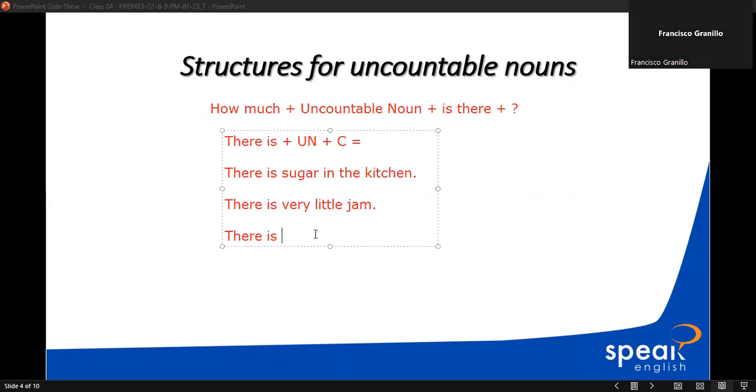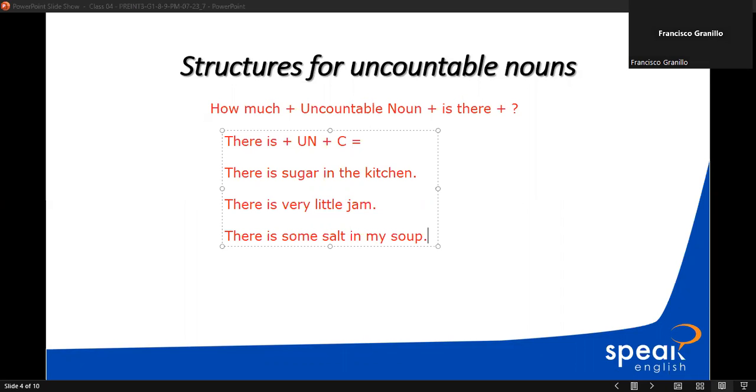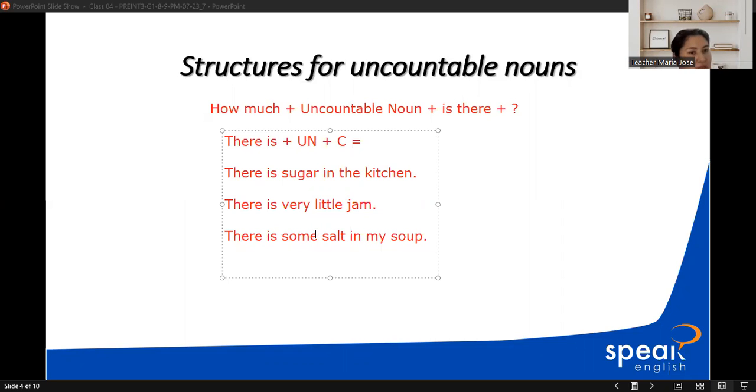There is some salt in my soup. Excellent. Can I have another example with a different structure, Albino? There is a little soda in the glass. Excellent.